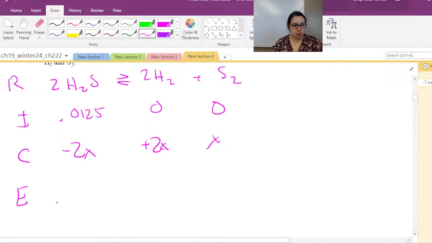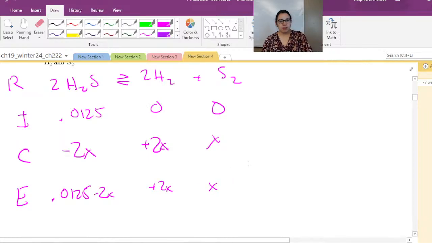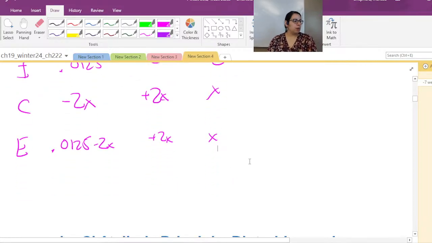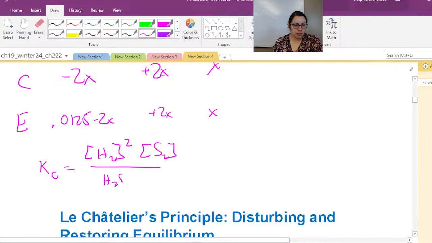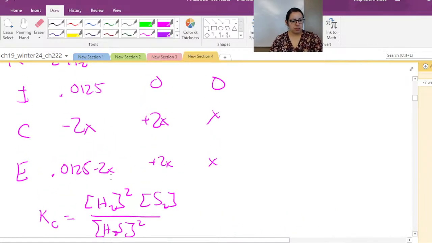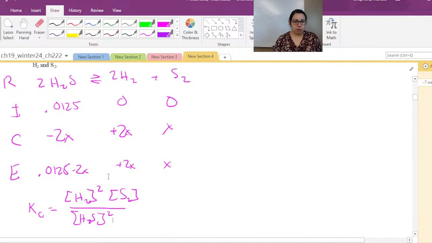And solve for equilibrium, so 0.0125 minus 2x, 2x, x. And so then we can plug this in to our equation, so our Kc. And so that was equal to H2 squared times S2 over hydrogen sulfide squared. Let's pause there for a second. Let people catch up.